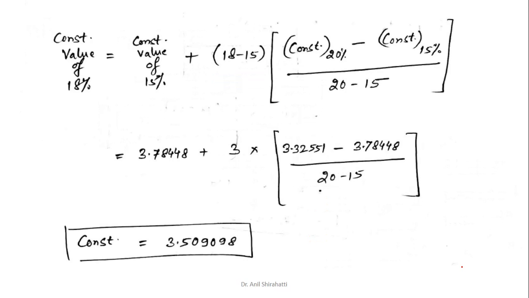So if I have to find for 18%, I have to take the constant value for 15%. Then what is the difference between 18 and 15? That is 3. And then I have to do this multiplication: constant of 20 minus constant of 15, divided by 5.